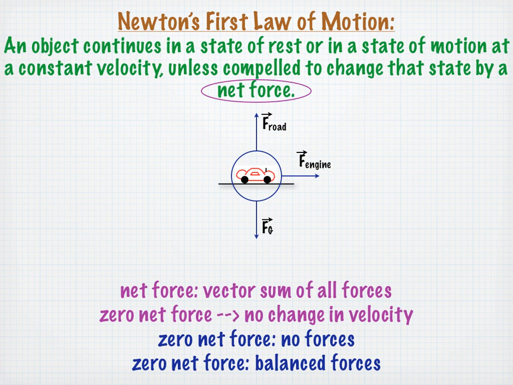So, to balance it out, there's a frictional force from the road that acts in the opposite direction as the force from the engine. In order for the car's velocity to increase, for it to accelerate, the force from the engine will need to be greater than the frictional force from the road. In that case, we would have a non-zero net force to the right, and the car's velocity would change.